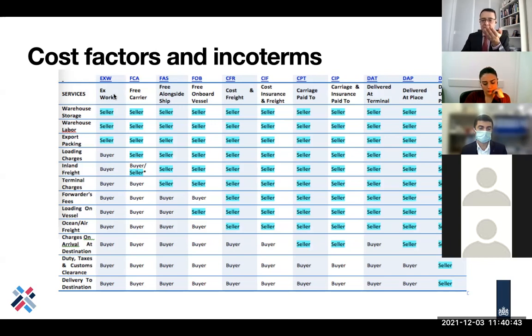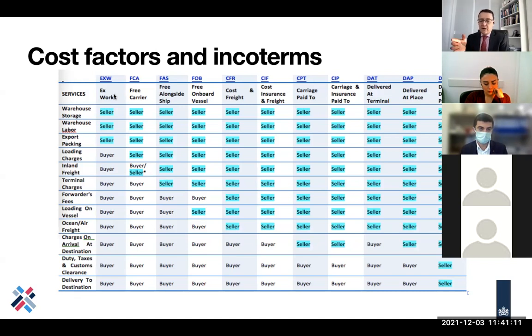Free alongside ship, FAS, is literally merchandise put next to the ship. So it's before the crane takes the container and puts it on the ship. FOB, which is the standard, is once the container has touched the ship, that is where the responsibility of the seller finishes.